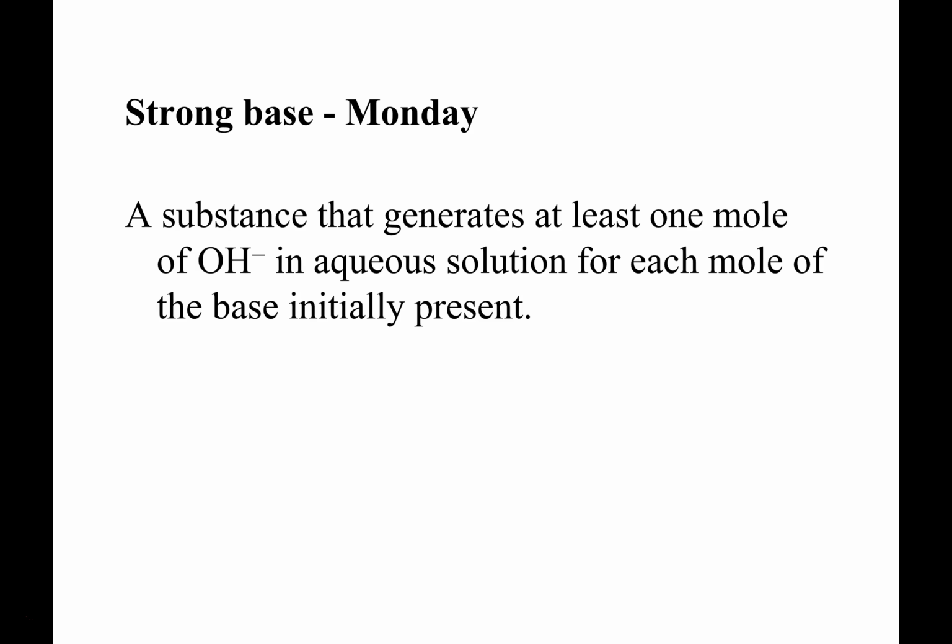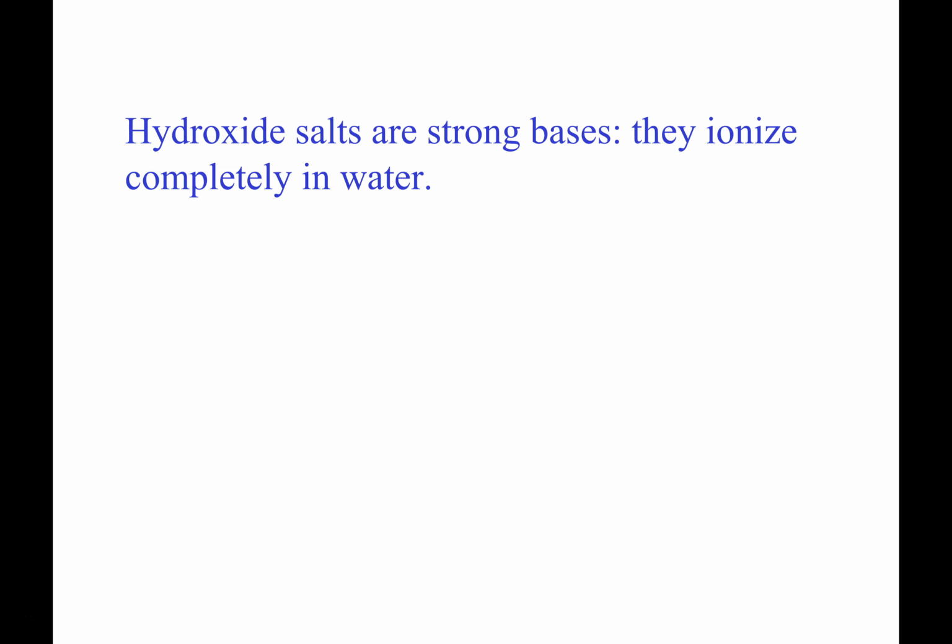And of the definitions we talked about, maybe it was the Arrhenius definition. So what works out well is a salt, which is an ionic compound, where the anion is the hydroxide ion.